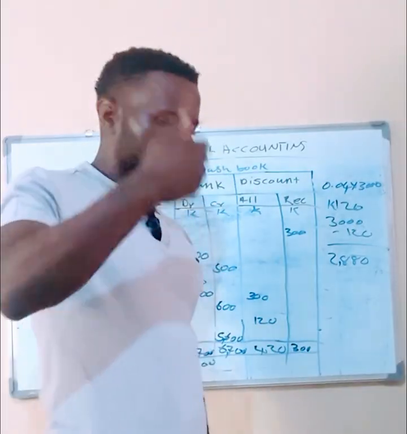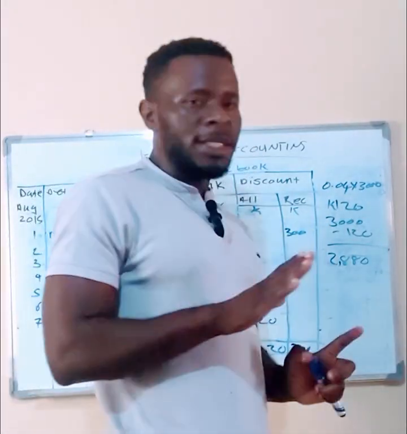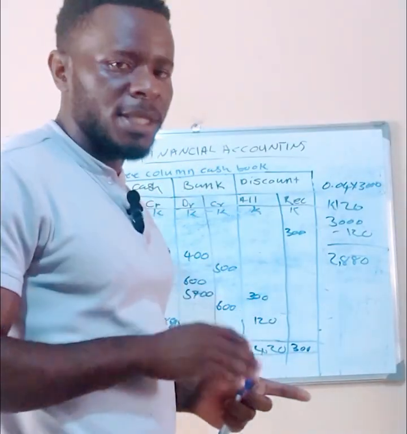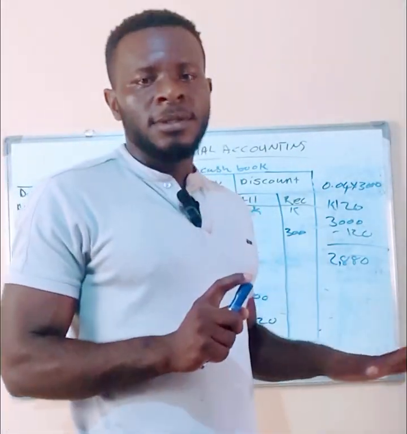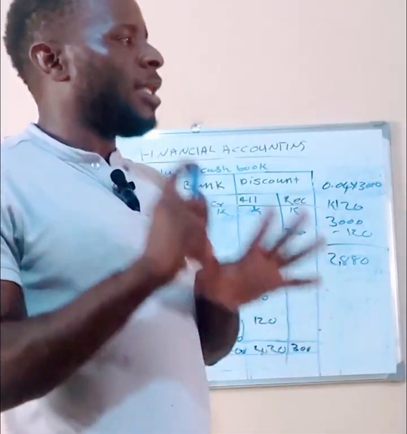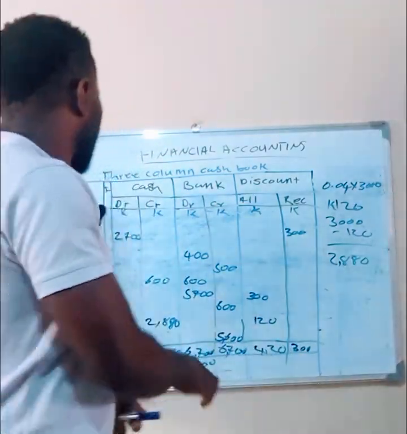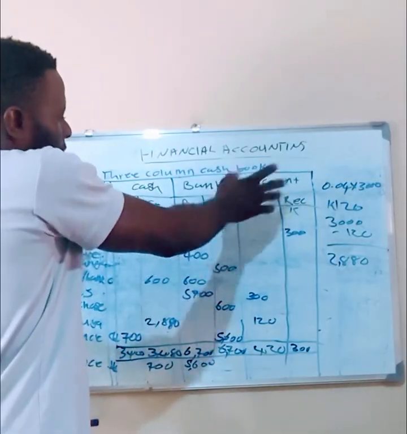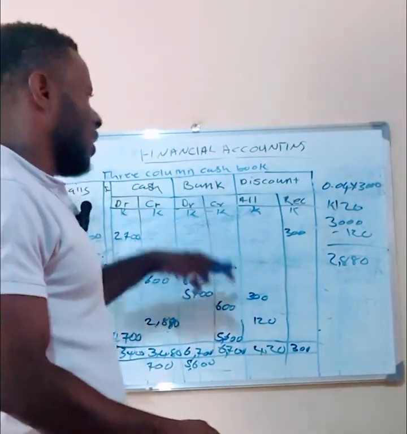There you'll be given direct, simple transactions, they won't be anything like a 10% discount. It will just be bought goods by cash. Bought goods will be 10,000 by cash. Then just know, we just enter it on the cash side. Bought goods by check, we enter it on the bank side and everything.